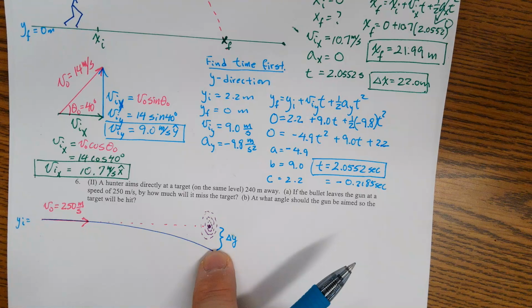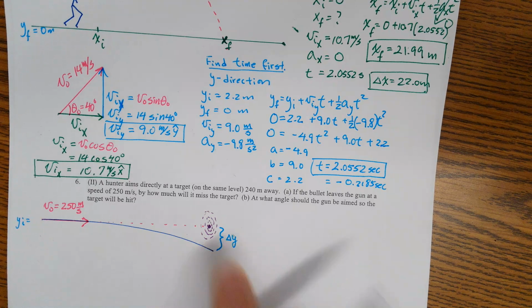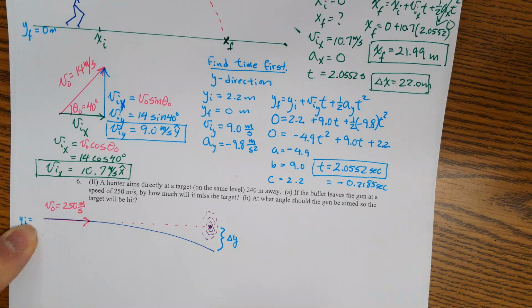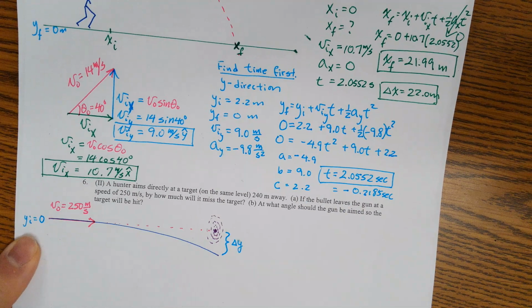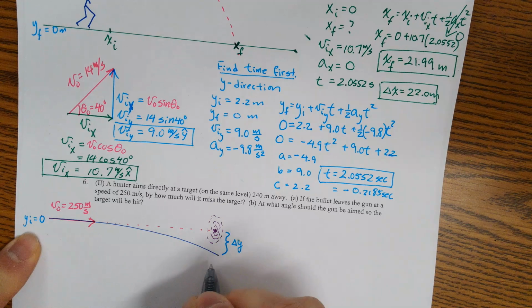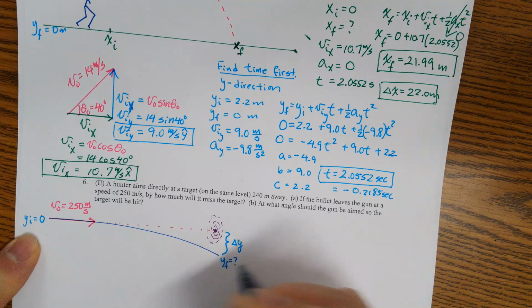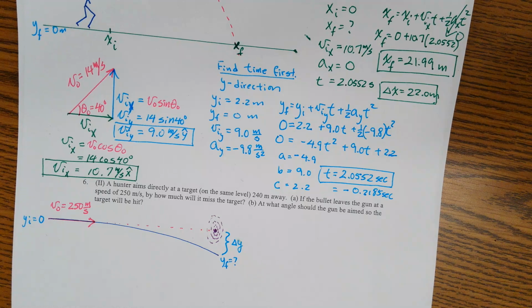But if you make your zero here, your delta y will come out to be positive. So at the target, you make it zero there. All right, I think that's logical. So initial position, we're going to make that zero. And we're going to make this position right here y final. We don't know what that y final position is.